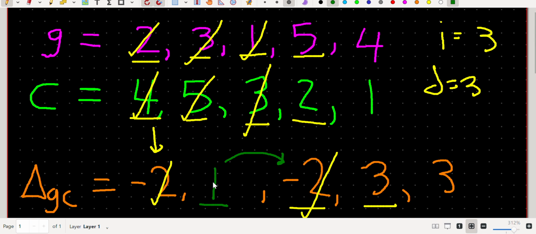Meaning that even if we start from this 1, going to the next station will place us in a situation where we can no longer move forward. So this is the reason that whenever we have a negative difference, that's our clue that it will not be possible to go all the way around the circle. So we're going to set the difference to 0 and go to the next index.